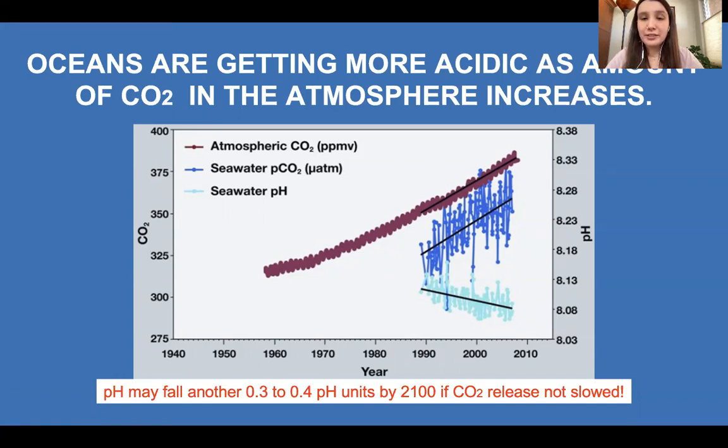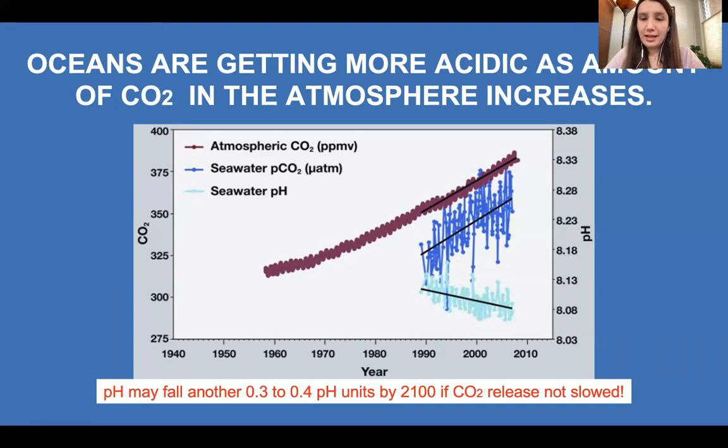So using various instruments, scientists have learned beginning in about the late 1980s that the pH in the ocean is actually declining. So just to orient you to this graph, you have time on the x-axis and the concentration of carbon dioxide in the atmosphere, or in this case in water, on the left vertical axis.